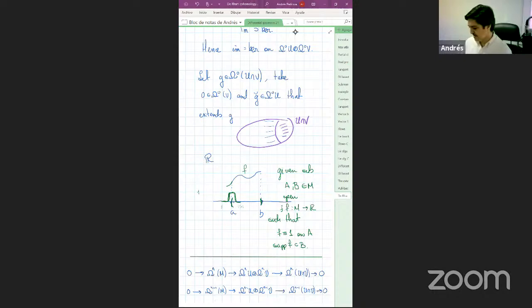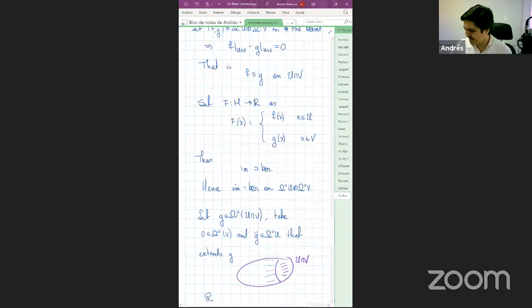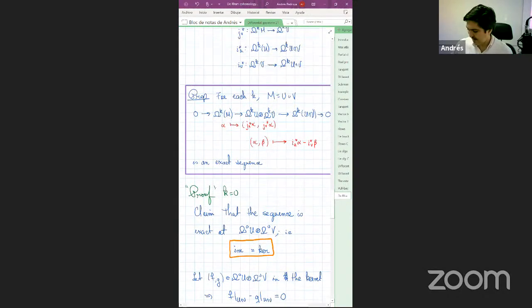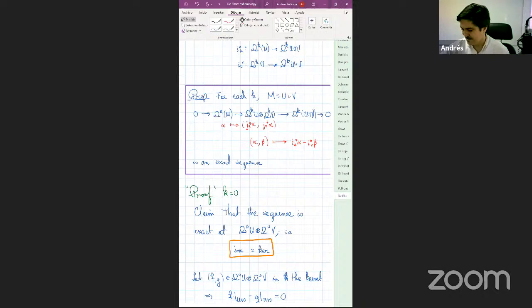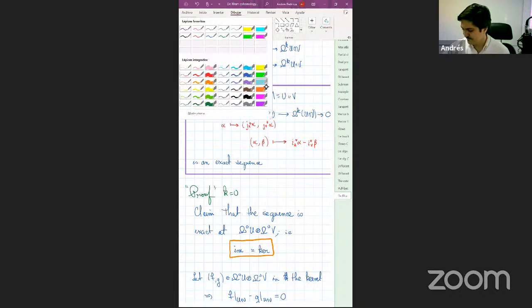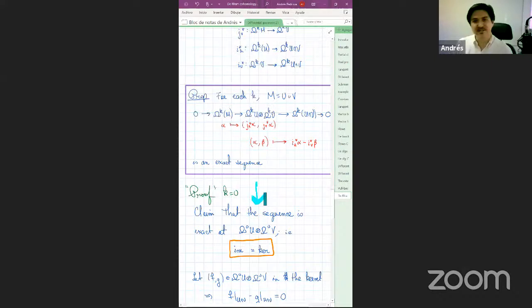Okay. Well, so this is just for functions. Have you noticed from the beginning I didn't write a proof of this? We just worked this out.